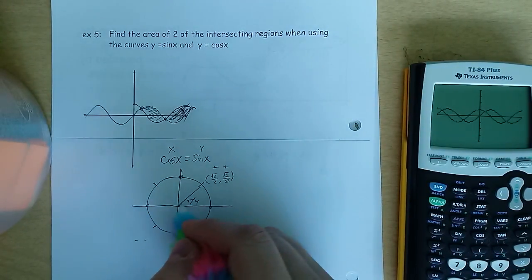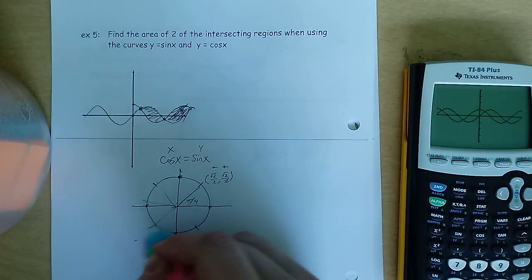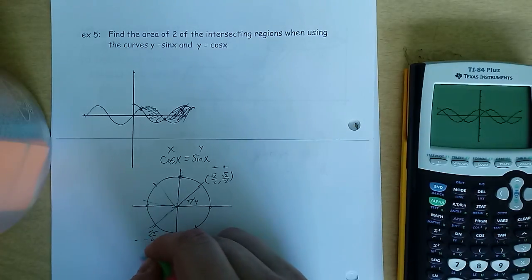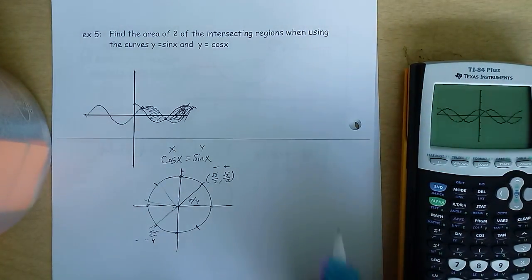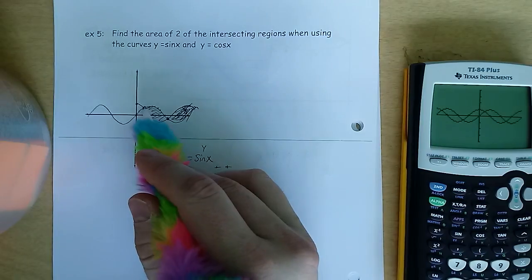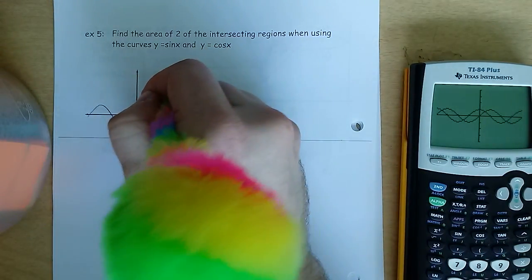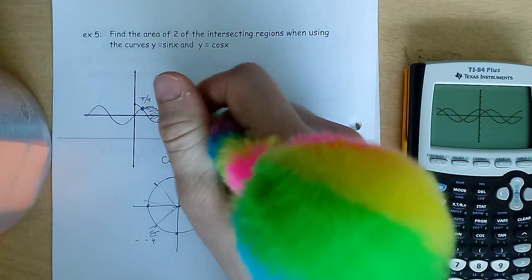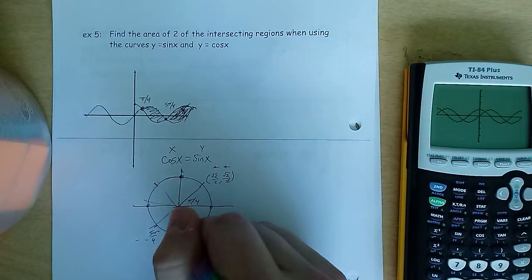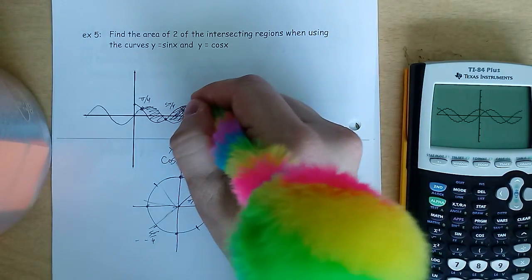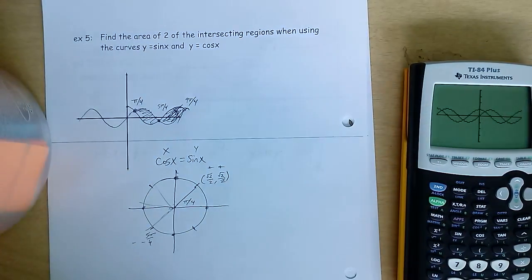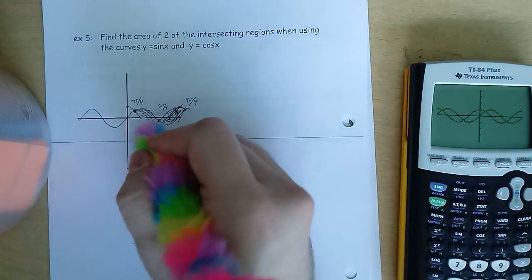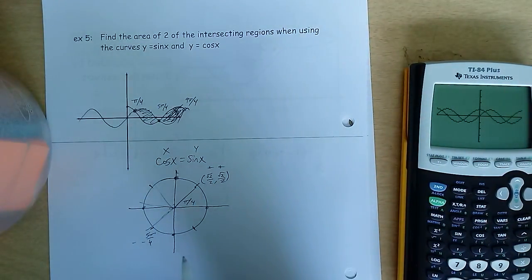And remember that since that's a quarter, that's a quarter, so 1/4, 2/4, 3/4, 4/4, 5/4. This is 5 pi over 4. So this is pi over 4 right here, then this is 5 pi over 4 right here. If I really wanted, I could keep going 5, 6, 7, 8, 9, and say this is 9 pi over 4, but since these are going to be identical, I don't need to do all that.